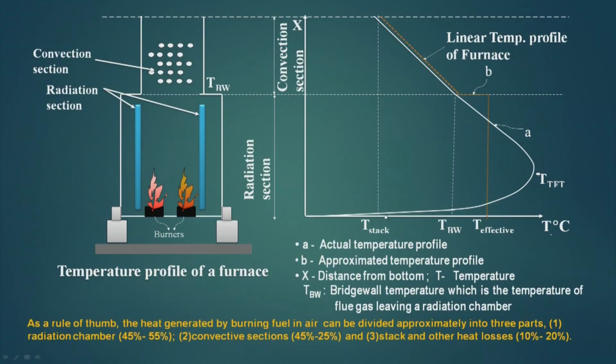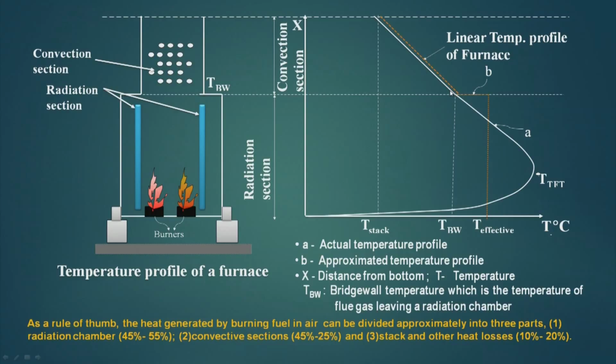The temperature of the air increases by receiving the heat from the burning of the fuel. It reaches the highest temperature, theoretical flame temperature, and then it goes down when it radiates heat up to this. So, this is the radiation section, and then this is the convection section, where there is a linear temperature profile of the furnace.